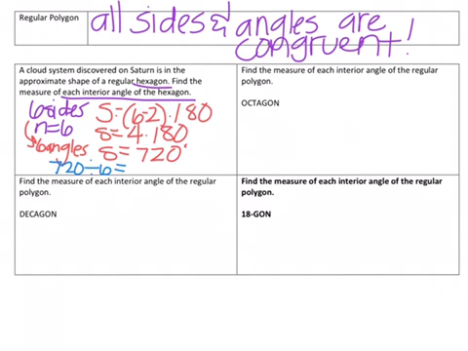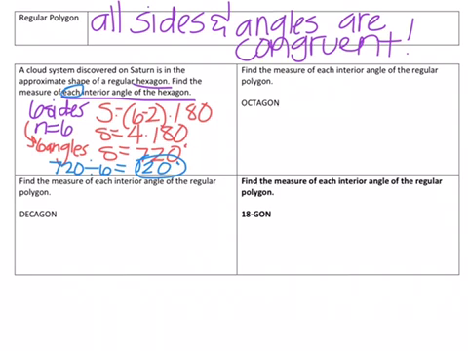The answer that we get for each angle measure is going to be 120 degrees. So each angle measure, each one is 120 degrees. All you can do to check your answer then is do 120 times 6. You should get that 720 degrees.